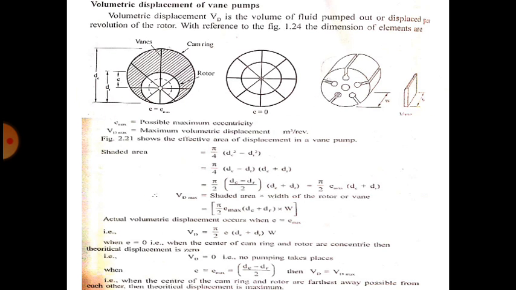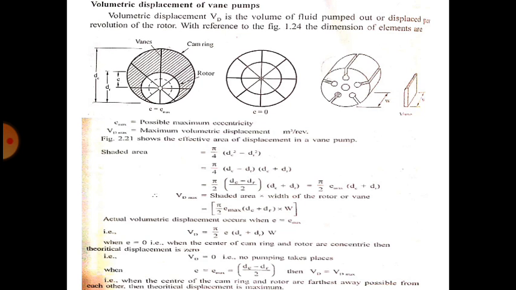So for maximum displacement or maximum discharge per revolution, you must take e equal to e max. When e becomes e max, at that time Vd becomes Vd max. So Vd is equal to pi by 2 times e times (Dc plus Dr) times the width of the rotor.